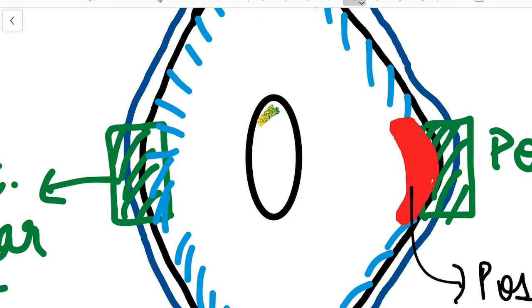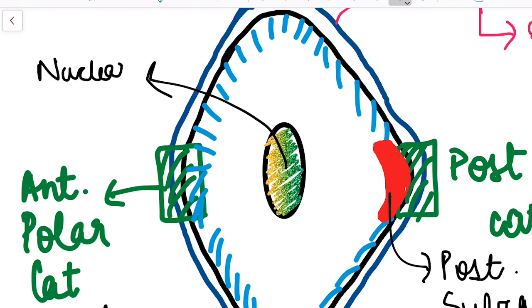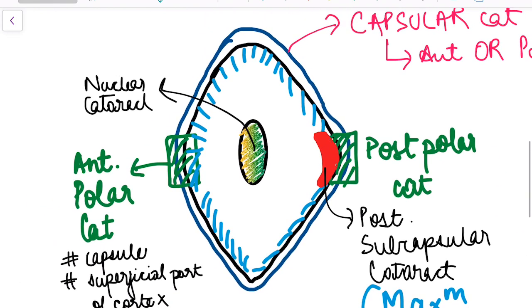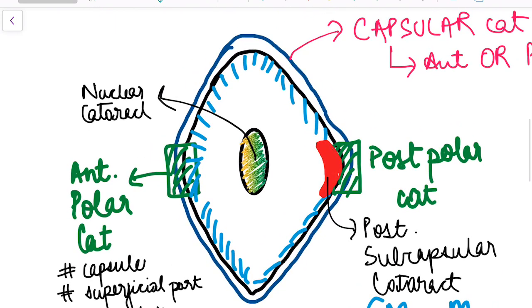And if the opacification is in this part, what will it be called? Common sense. Nuclear cataract. Okay, nuclear cataract. So now we've shaded and labeled so many parts. Which part is left? This part.